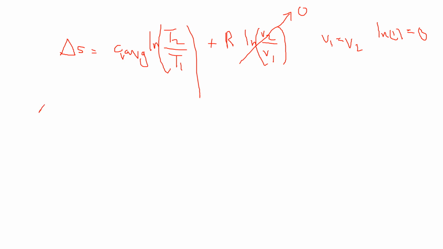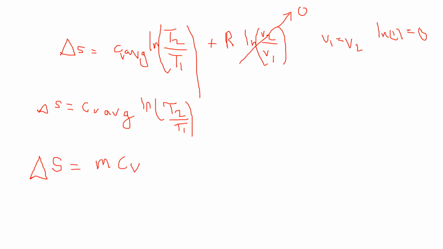So what do we have? Delta S is equal to Cv average ln T2 by T1. T2 by T1, we know, is 1.5. So delta S, capital S, the entropy change, is equal to m Cv average ln T2 by T1, and we said T2 by T1 is 1.5. So I'll just substitute the other values.